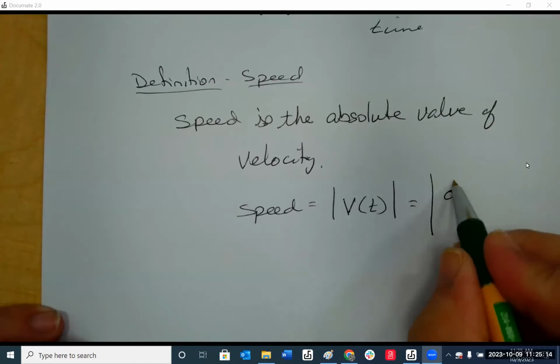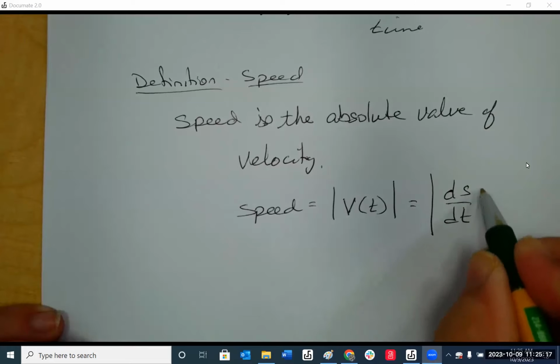And velocity is the derivative of displacement over t.